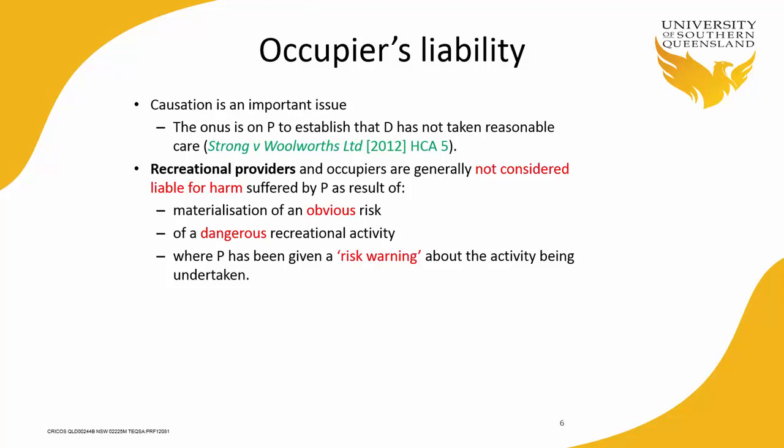Now the same thing applies to a dangerous recreational activity. You can link this idea of a recreational activity to what you read on page 134, where there's also a discussion about recreational activities and the duty of care.